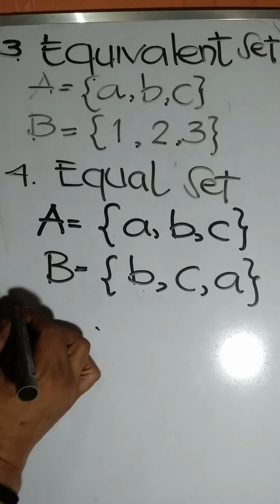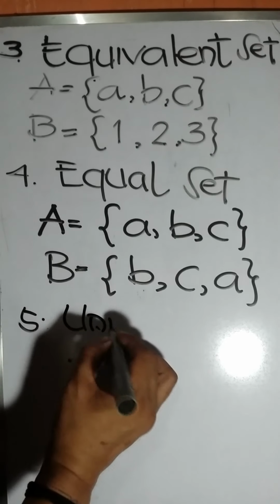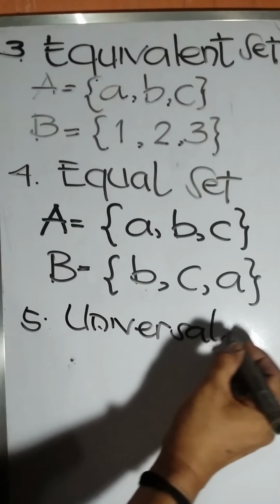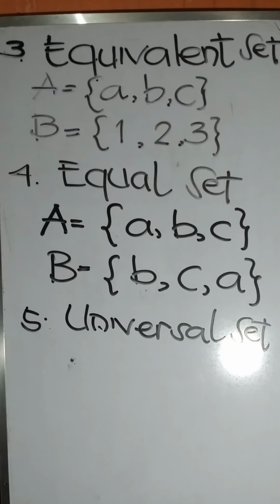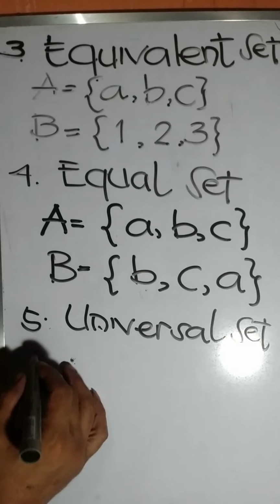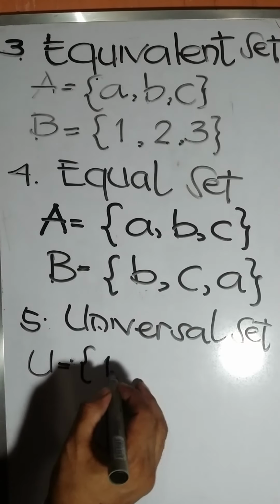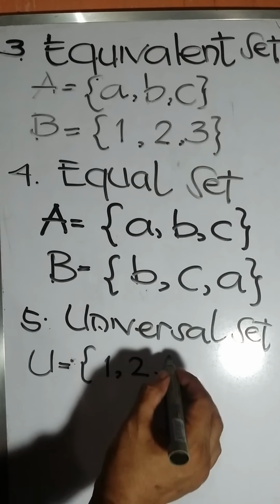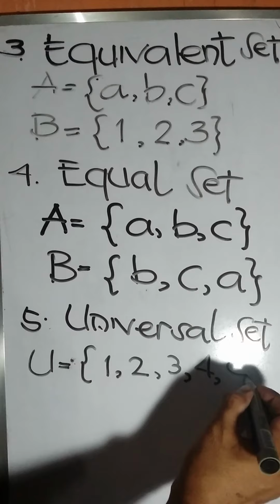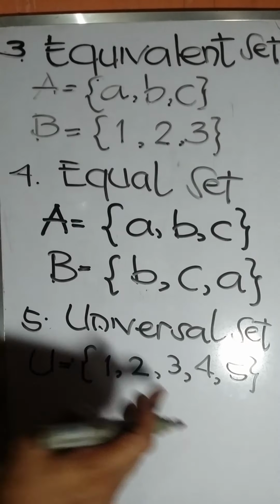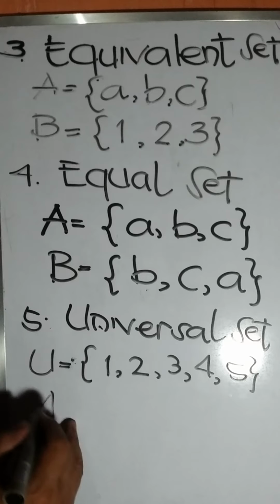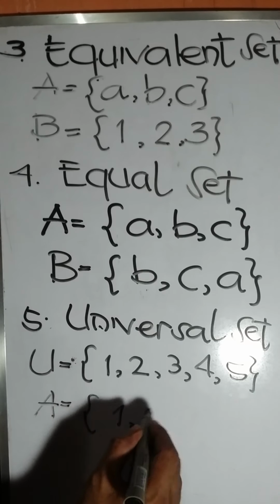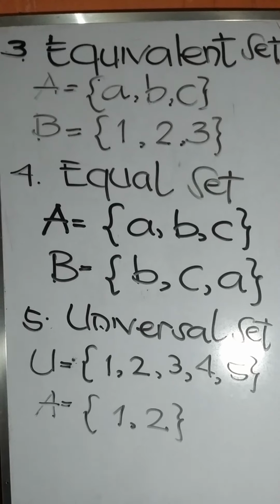Next set natin ay ang tinatawag na universal set. Ang universal set, siya yung tinatawag na totality of elements under consideration. Example. Set U is our universal set: 1, 2, 3, 4, 5. Then set A, 1 and 2.